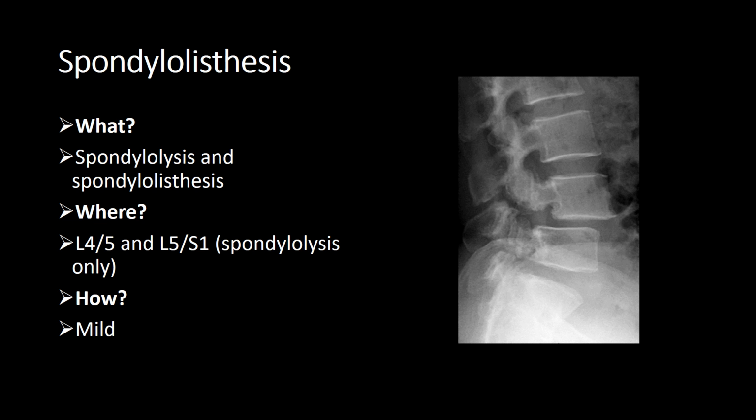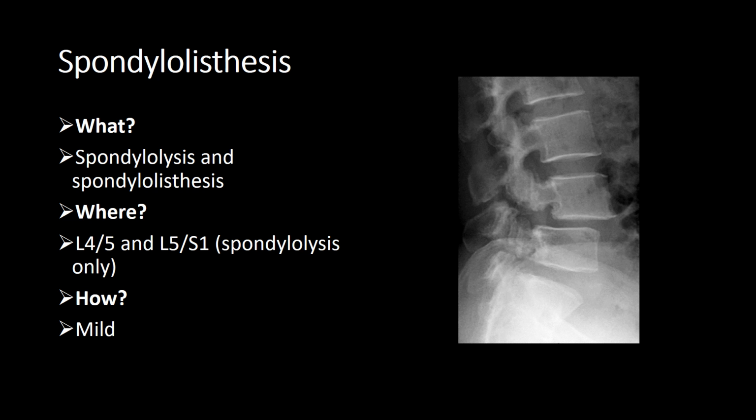Just as a little aside, Lance Armstrong is a famous or infamous cyclist who had a spondylolysis with spondylolisthesis, and he had to have surgery to fix his vertebrae together. And remember, we briefly talked about it in the cervical spine.